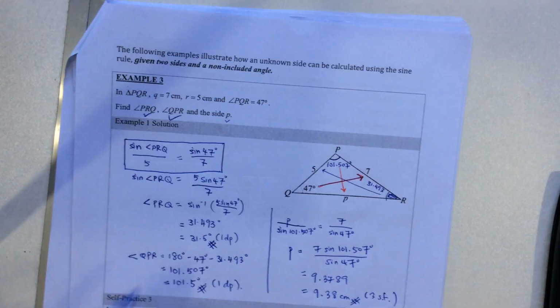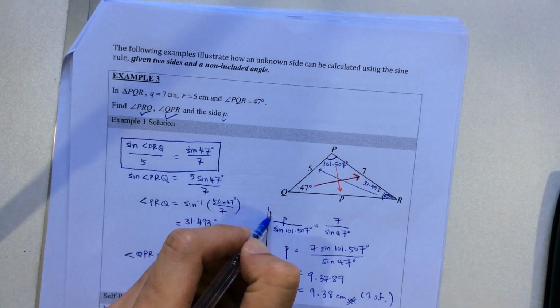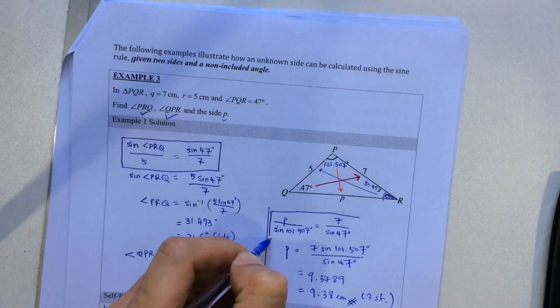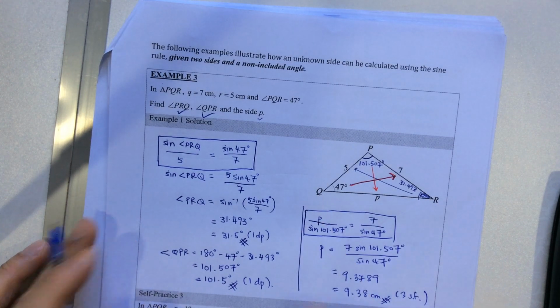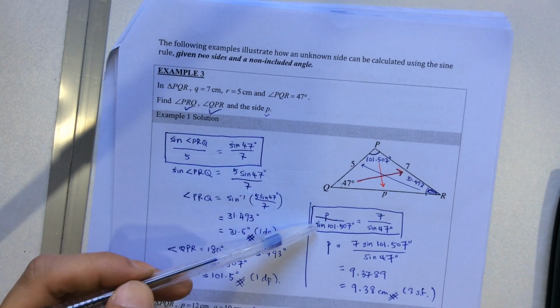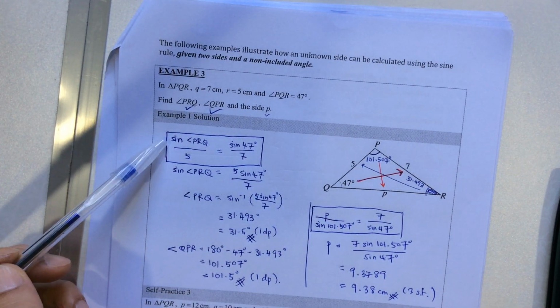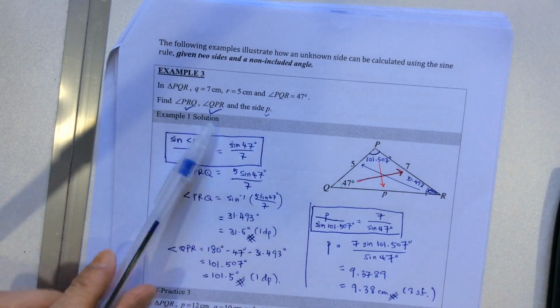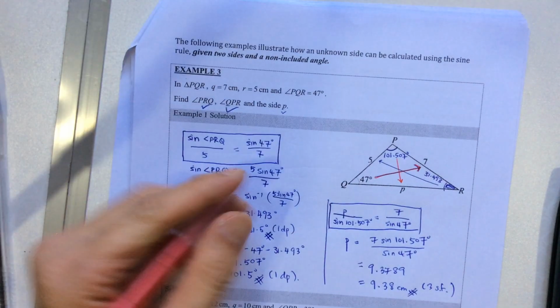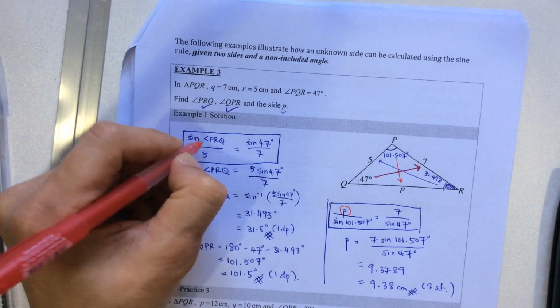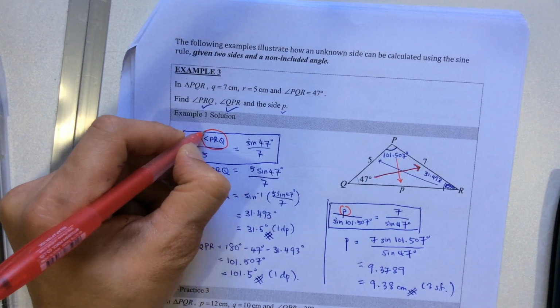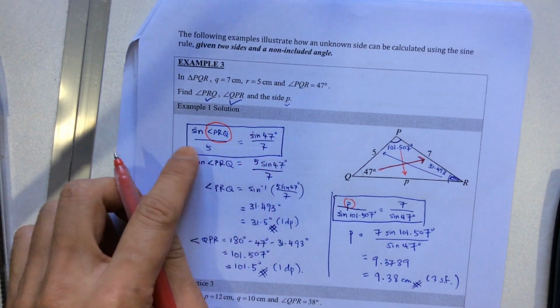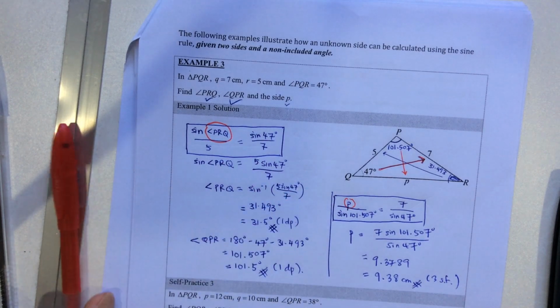And for the next unknown, which is the last unknown, to find P, you can use the usual version where we have the side at the top. Okay, so you can have sine at the bottom, sine at the top, depending on the question. So usually this will be the unknown. I like to put it at the top so that the rest will move, and then I'm left with what is at the top on the left.